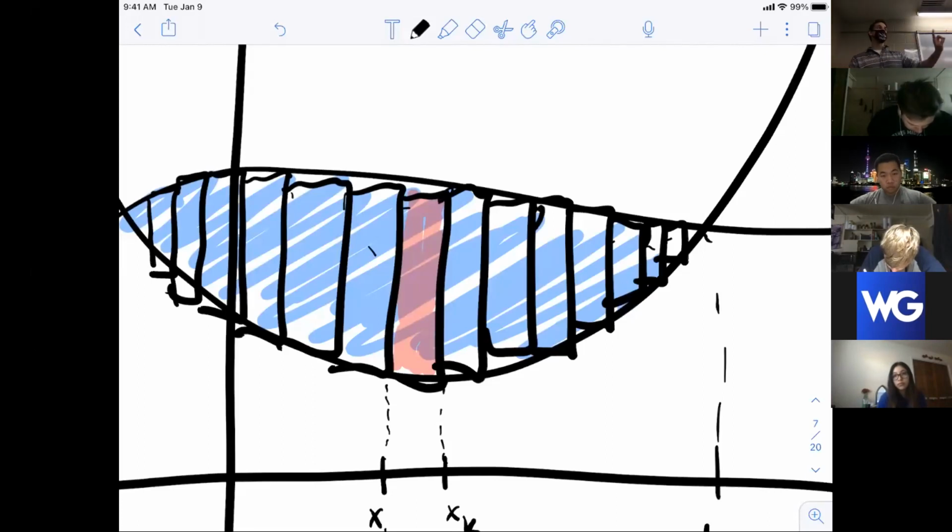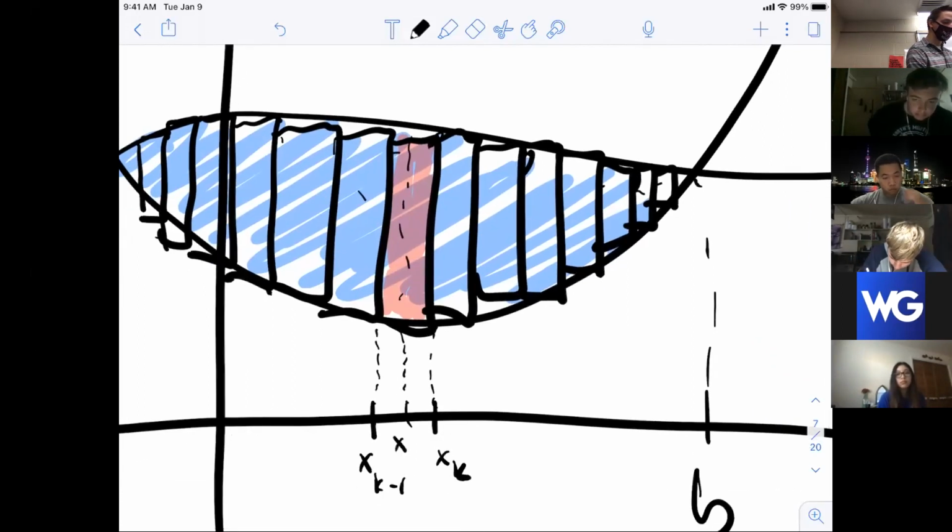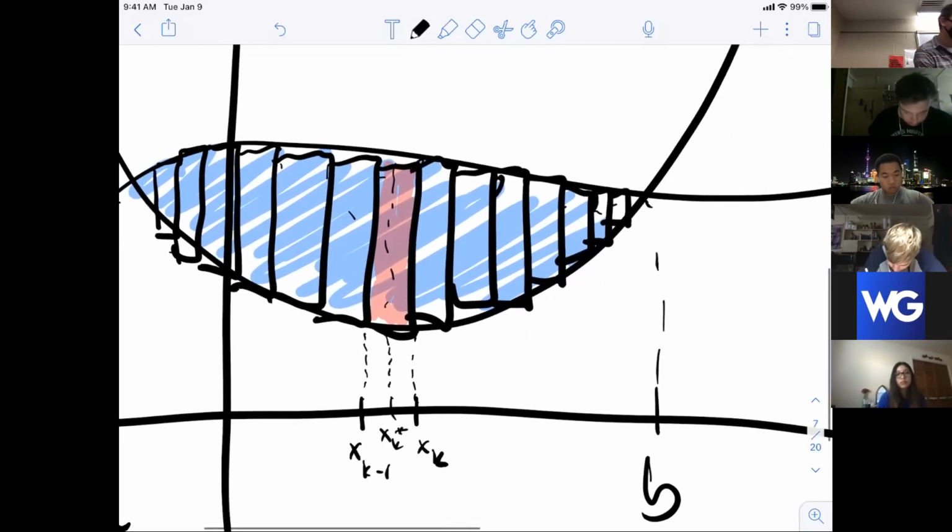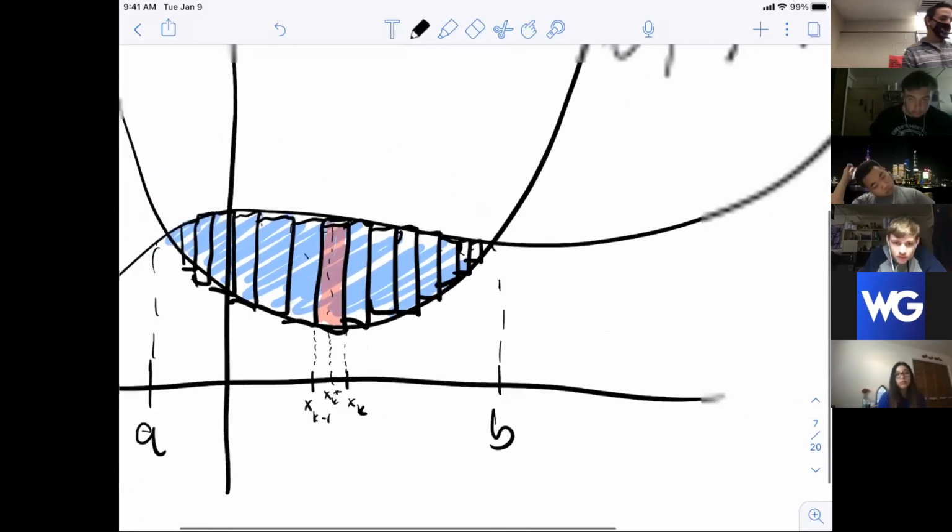And in general, just like before, we could actually use the way I've drawn it. It looks like I'm using probably right endpoints, but really I could have drawn it where I took any point in between here to touch the bottom curve and the top curve, right? I really could have chosen any old point, x_k star, to touch the bottom and the top. So let me draw this so that it actually touches the top there.